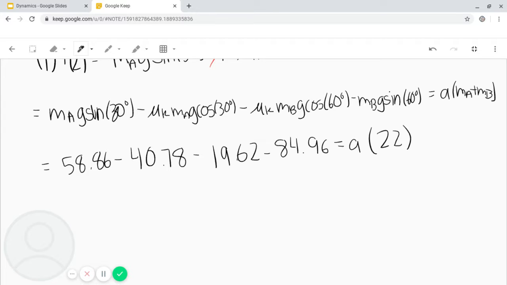So simplifying a bit more, I'm just going to add up all the things on the left and divide by 22. So negative 3.93 is our acceleration. That just means it's negative.